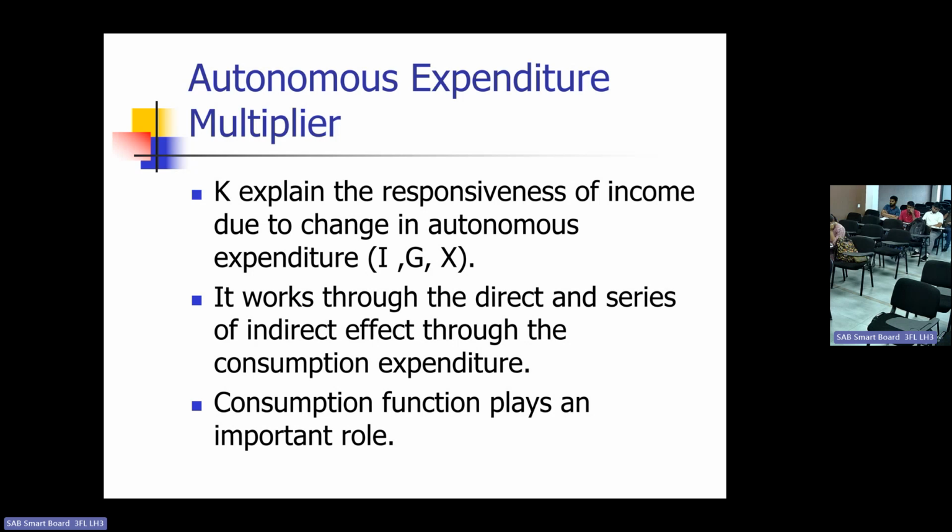This is the whole component. We take delta Y over delta T. What is it? Minus C1 over 1 minus C1 plus M. That is the tax multiplier.